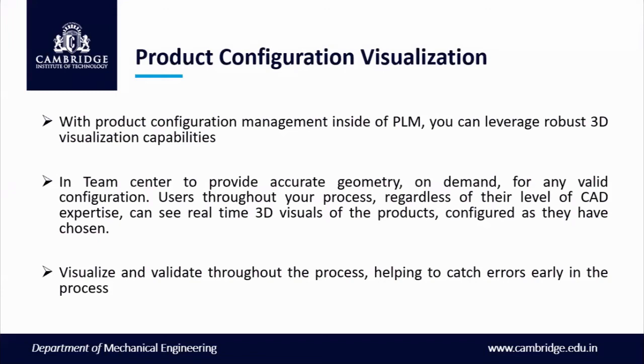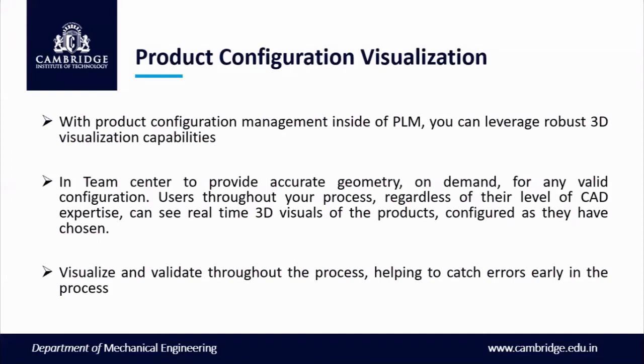Product configuration visualization is very important, because nowadays once the product is manufactured, you see a lot of difficulties and changes, and you think this should be done, that should be done, this is not correct. There are a lot of rejections, errors and accuracy problems which can occur once the product is made.